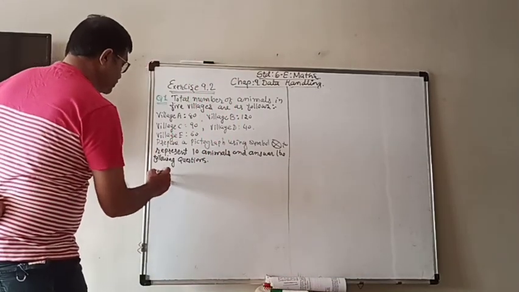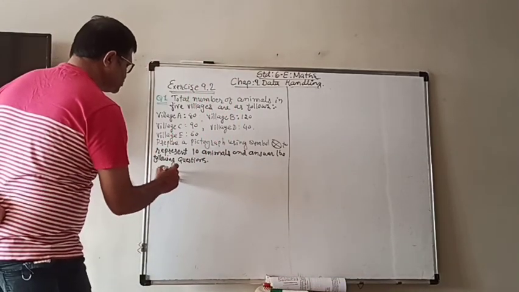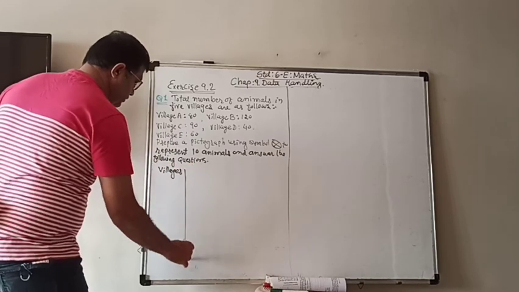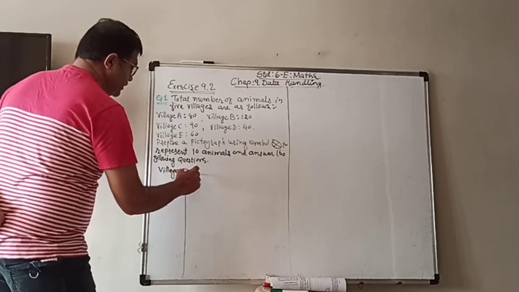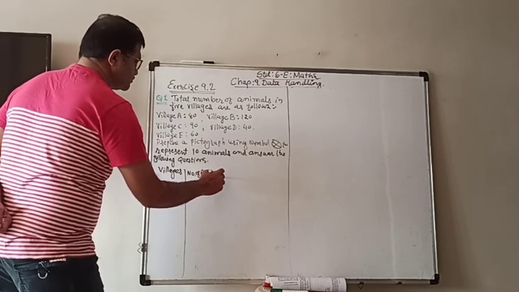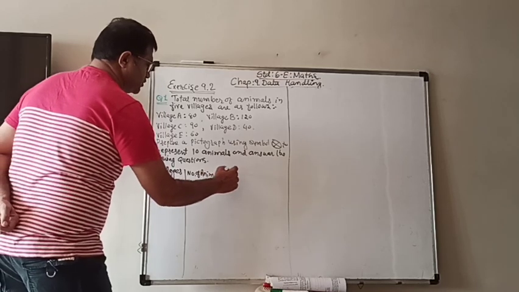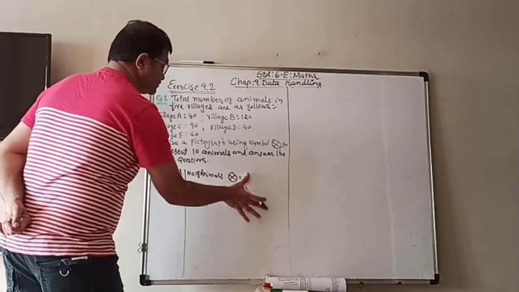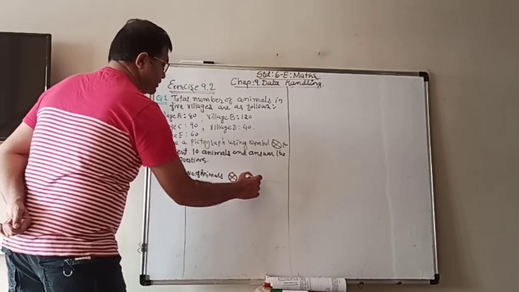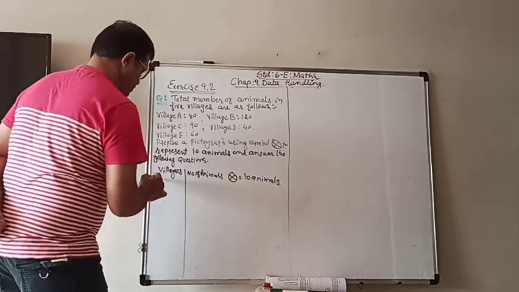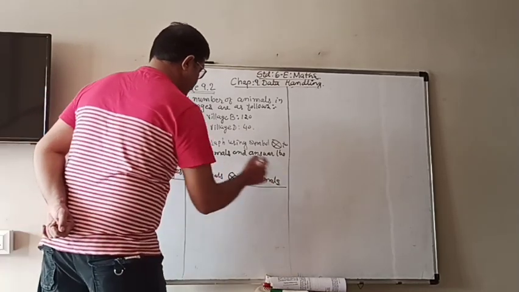Now here we will write down villages, and then number of animals, and here we will write down the symbol that represents how many? 10 animals. Now we will take villages one by one.